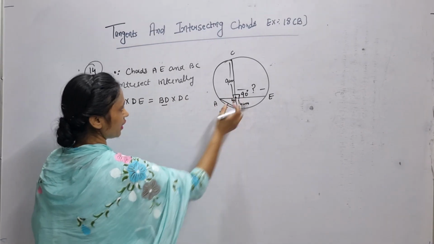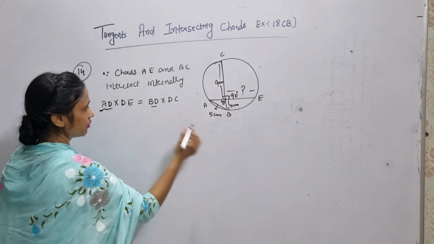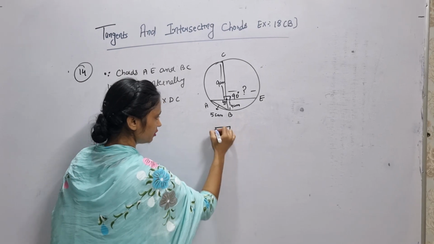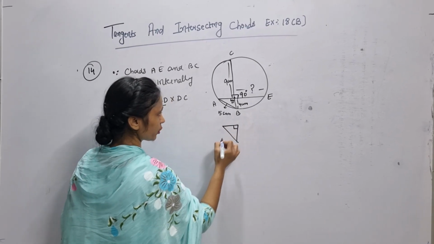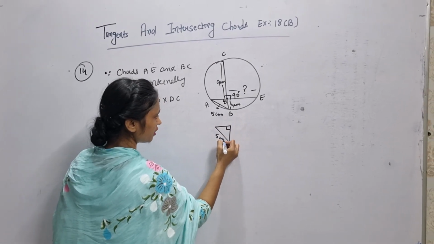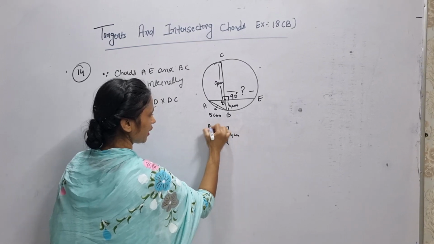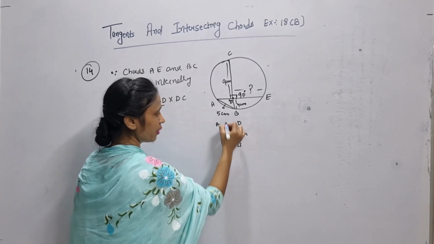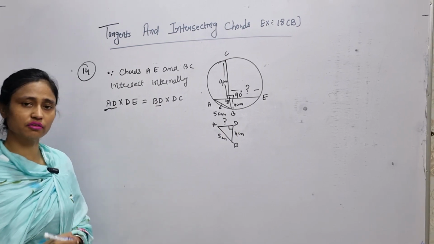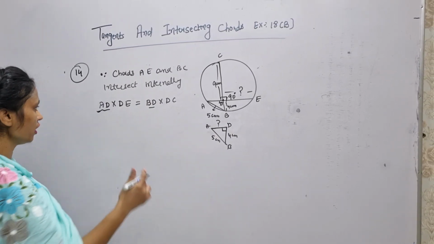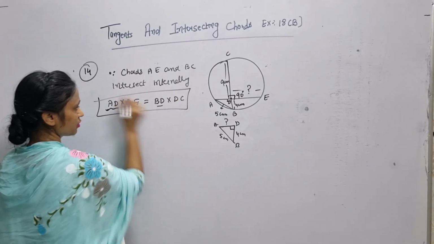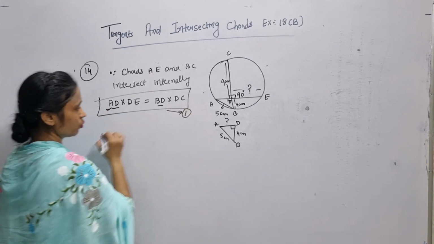BD is given and DC is given, and this is a right angle triangle. This is 5 centimeter, this is 4 centimeter. In ADB, by using the Pythagoras theorem I can calculate the value of AD. Write it as it is. Say, suppose this is equation number 1.